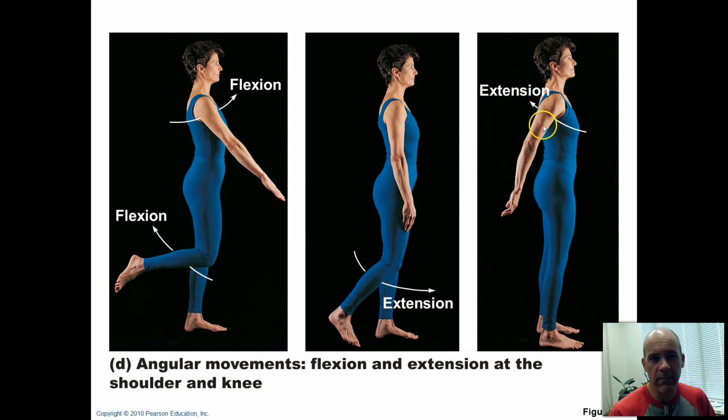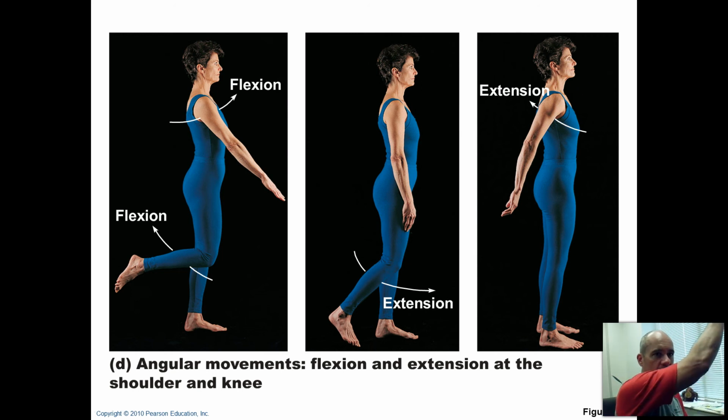And then look over here at the shoulder joint. Now the shoulder is a little bit harder to visualize because it's harder to visualize the change in the angle of the bones at the shoulder. But when we think about flexion of the shoulder joint, it really means you're looking in the sagittal plane.